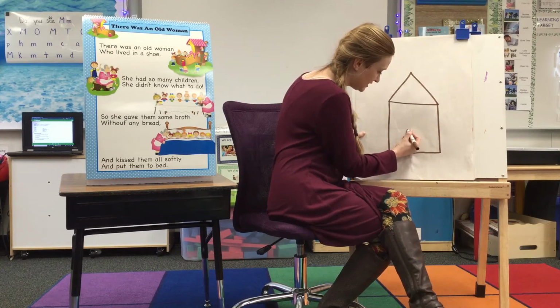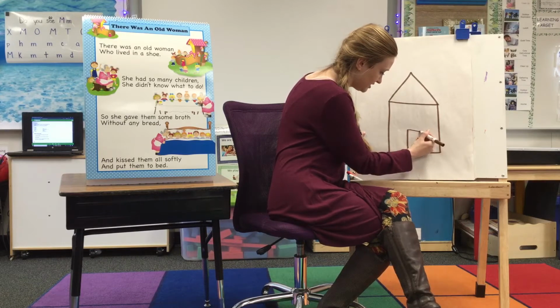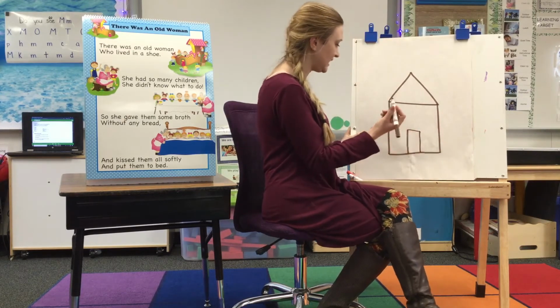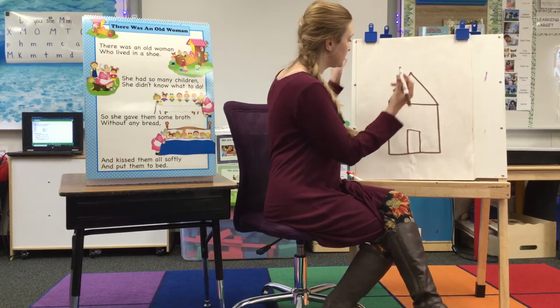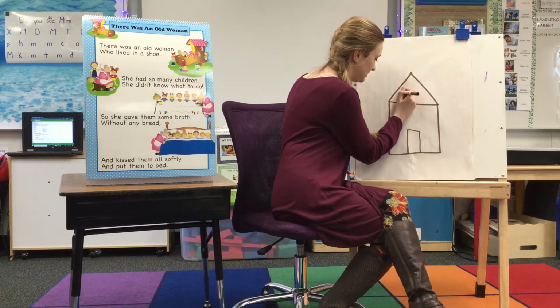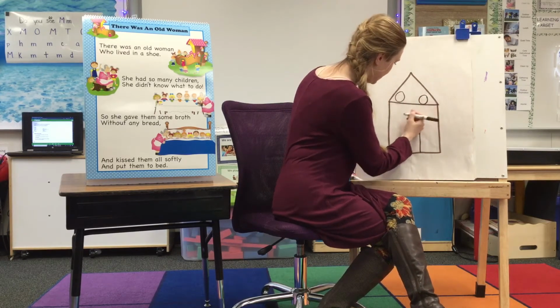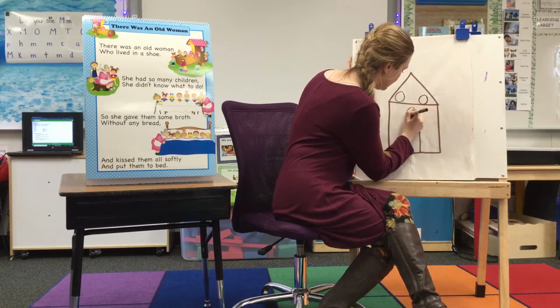Remember, a rectangle is longer on two sides and shorter on two sides. Nice. And I am going to add some circle windows to my house. And some square windows.